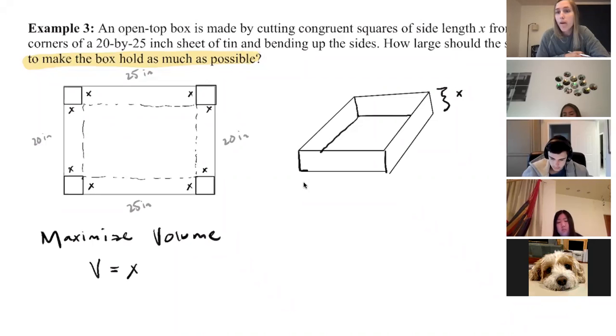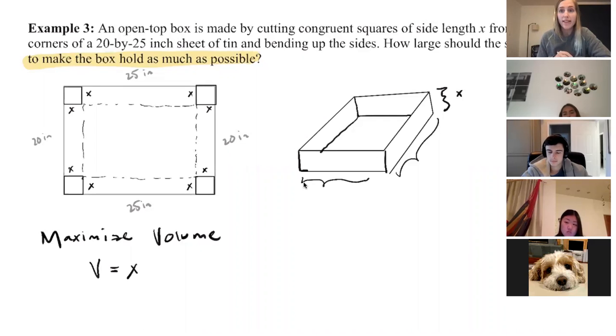So that's going to be one factor. And then how can we come up with the length and the width? Would it be 20 minus x and 25 minus x? So close, but you're on the right track. The thing is, how many x's are we cutting out on each side?